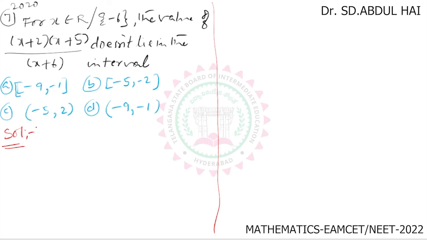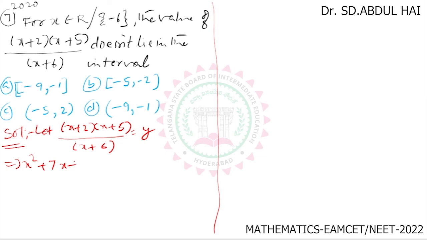So let x plus 2 into x plus 5 whole divided by x plus 6, we suppose this is equal to y. Okay. So what is our next step? Cross multiplying. If I multiply the left hand side, it is x square plus 5x plus 2x plus 10. So which gives me x square plus 7x plus 10 is equal to, on cross multiply, 6y plus xy.